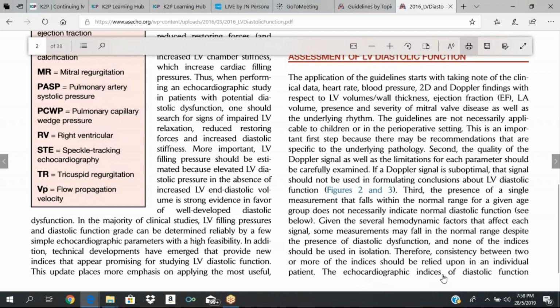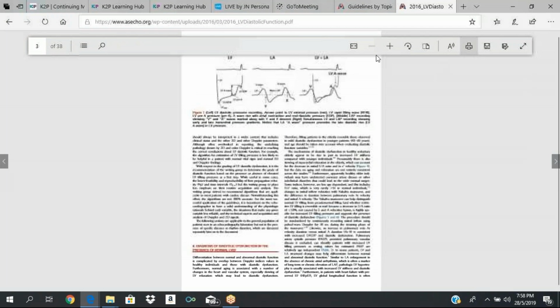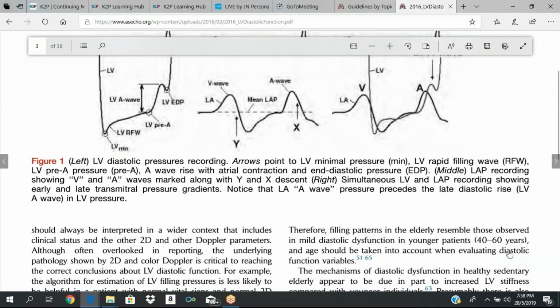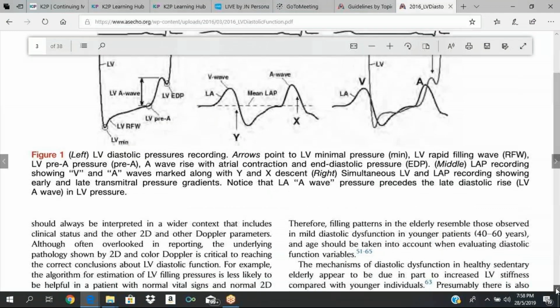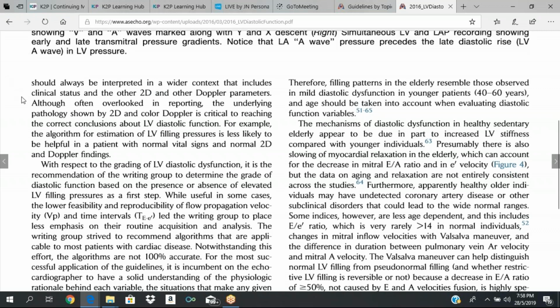The echocardiographic indices of diastolic dysfunction should always be interpreted in a wider context that includes the clinical status and the other two-dimensional and Doppler parameters.